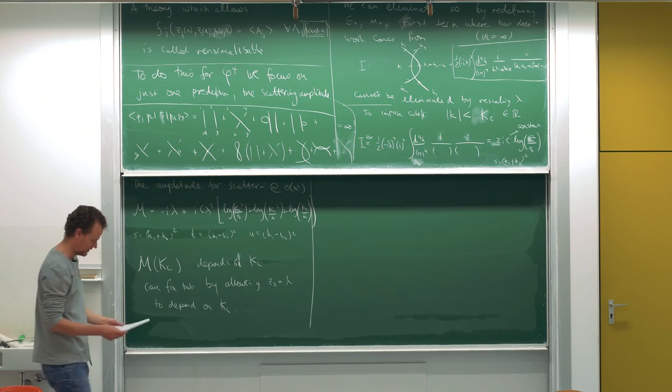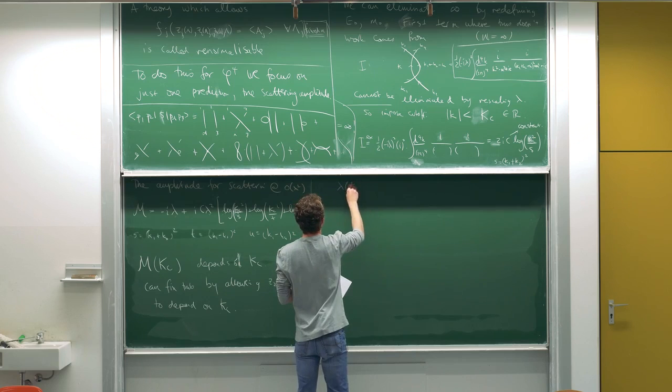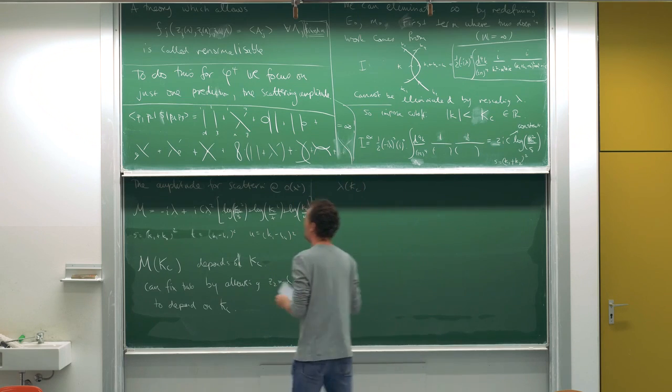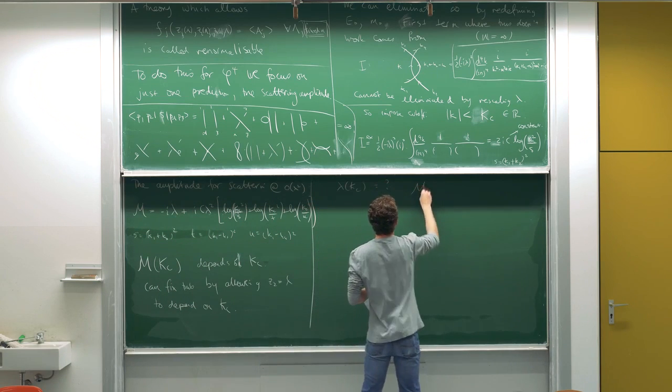And how do we have to change lambda to depend on the cutoff to make that prediction fixed and equal to our experimental value? Well, we do the following, right?